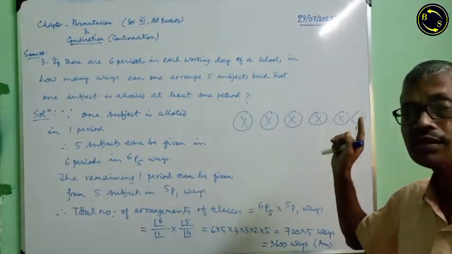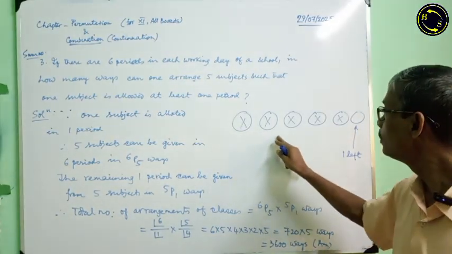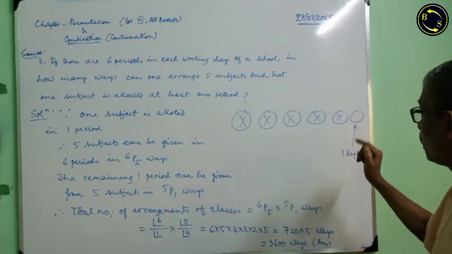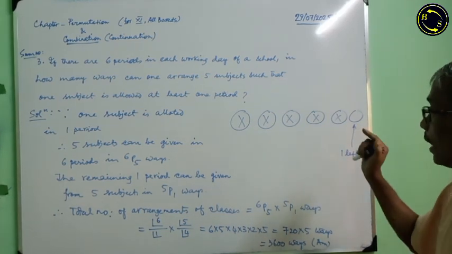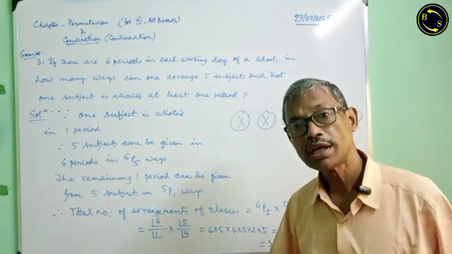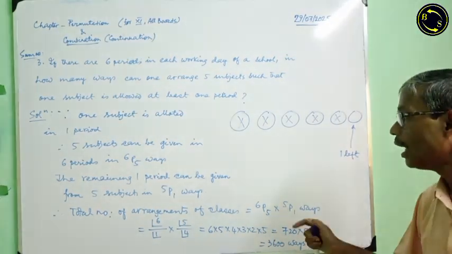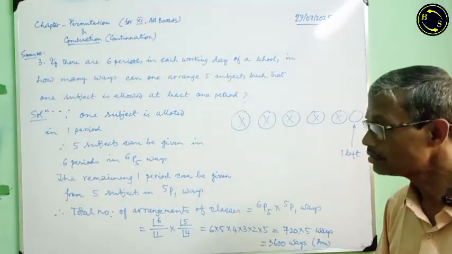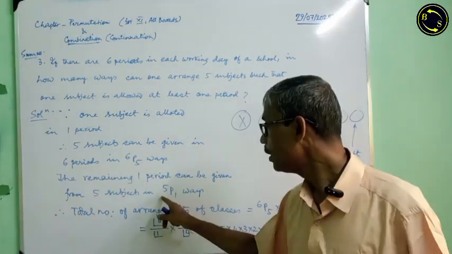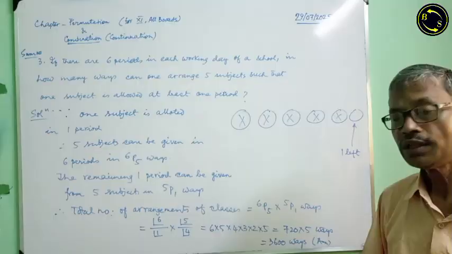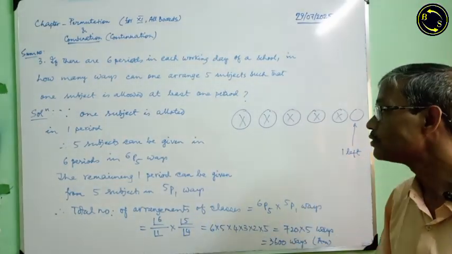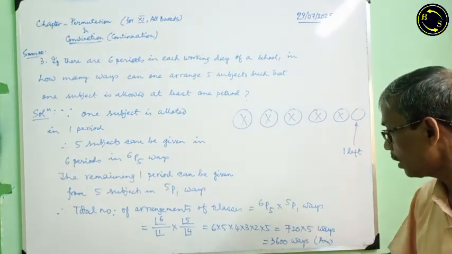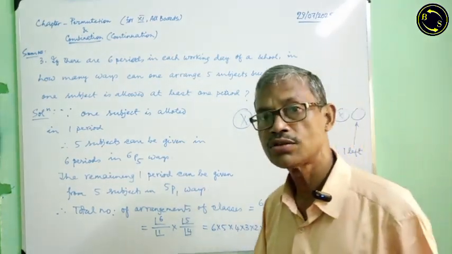Since 6 periods are there, now already we have allotted 5 periods, then one period is left. That remaining period can be allowed by one subject in how many ways? Since we have 5 subjects, therefore 5P1 ways. Therefore, total number of arrangements will be 6P5 into 5P1 ways. And after calculation, it is 3600 ways.